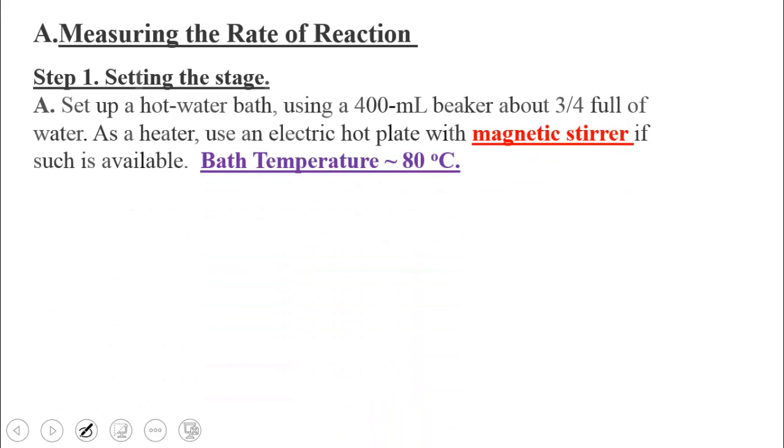Now, when you're coming in to measure the rate of the reaction, we will be doing 3 different decomposition reactions. They're all of aspirin, but at different experimental conditions. We will have 3 different test tubes, number 1, 2, and 3.